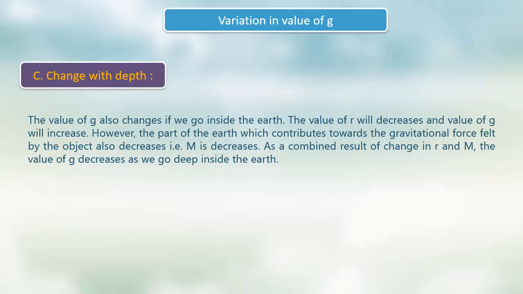As a combined result of change in r and capital M, the value of g decreases as we go deep inside the earth. Means here the value of g changes inside the earth because the radius will be decreased and therefore the value of g will be increased.